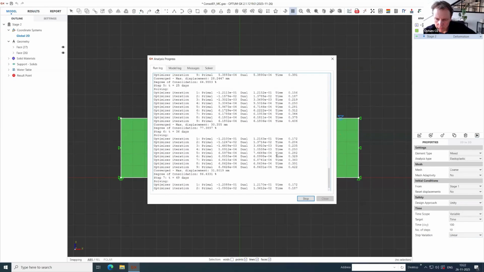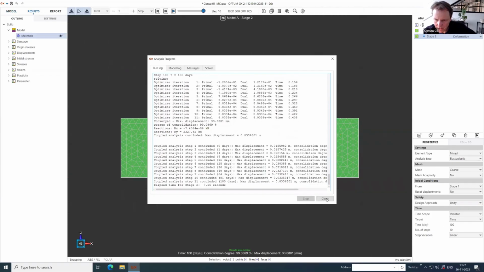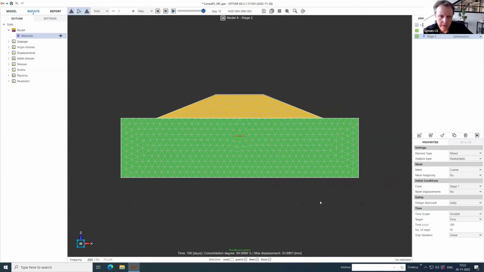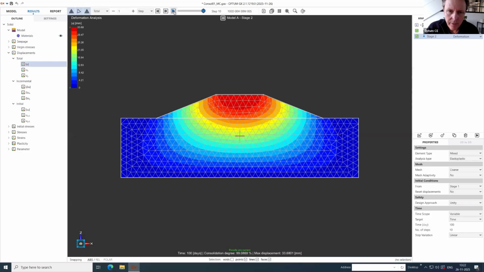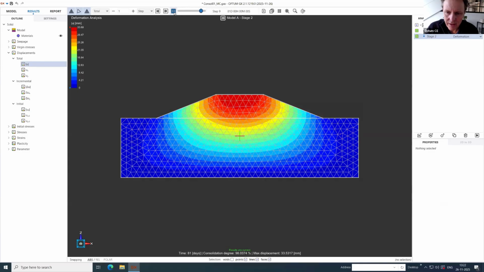We run through the 10 steps here, and eventually we get the results. And if we plot the displacements, for example, we can do the U numerical, why not? And then you see that it evolves something like this.